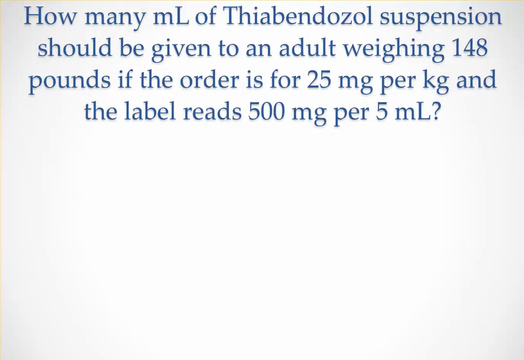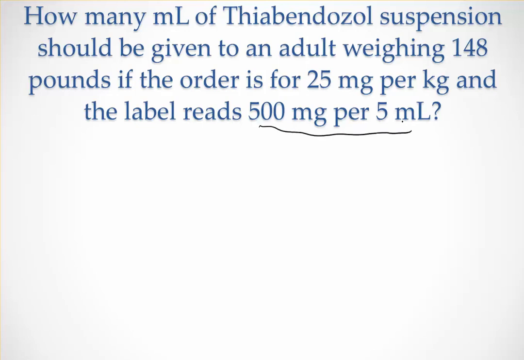Well, sometimes when you do these types of dimensional analysis, we need to take into consideration the weight of a patient. So this problem: how many milliliters of thiabendazole suspension should be given to an adult weighing 148 pounds if the order is for 25 milligrams per kilogram and the label reads 500 milligrams per 5 milliliters?